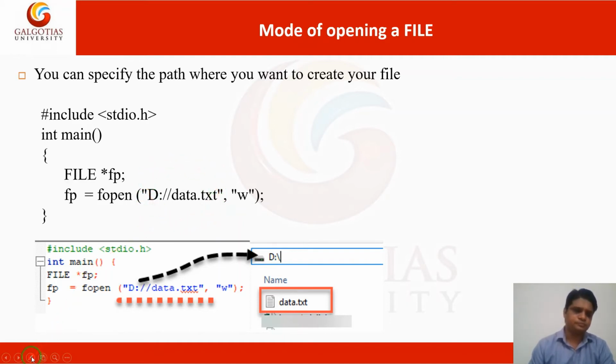Okay. So like that, D drive data.txt, then the file will be saved into the D drive.